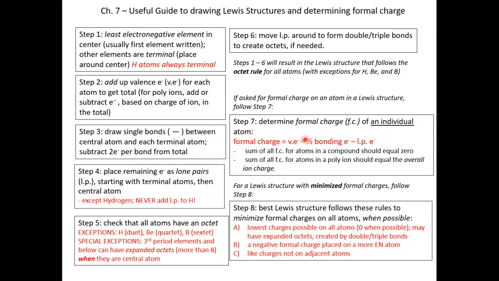Did everybody catch that? Take the valence electrons for that atom, subtract half of the number of bonded electrons, minus all of the lone pair electrons.